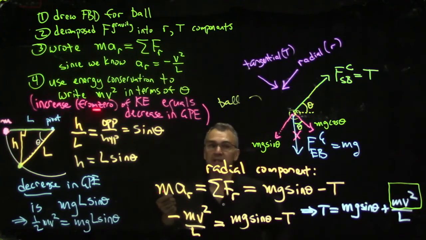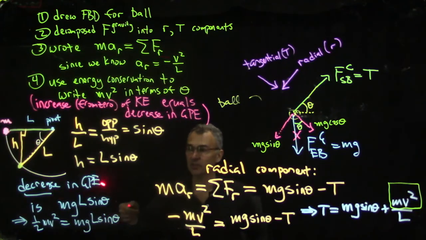We were able to write that because the kinetic energy started from 0, and the increase in the kinetic energy equals the decrease in the gravitational potential energy, because gravitational potential energy is being converted into kinetic energy. So the kinetic energy started from 0, and all of the kinetic energy came from losing gravitational potential energy.